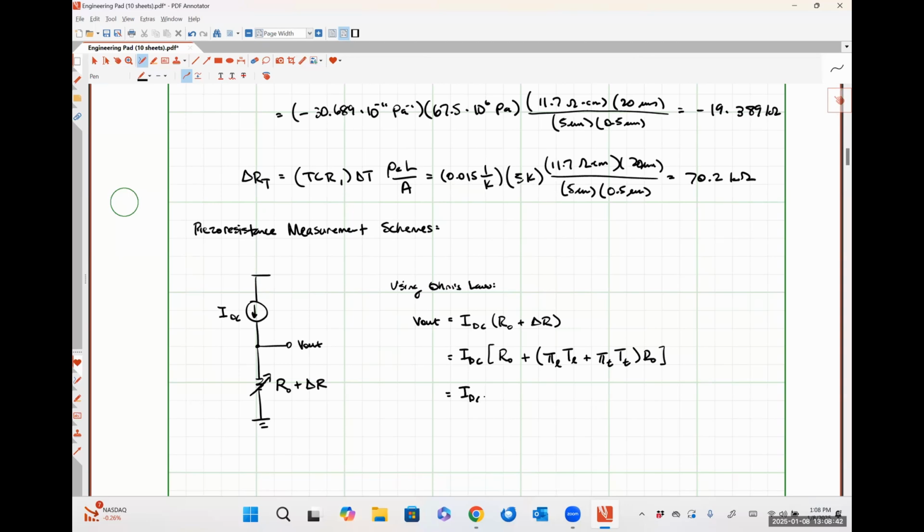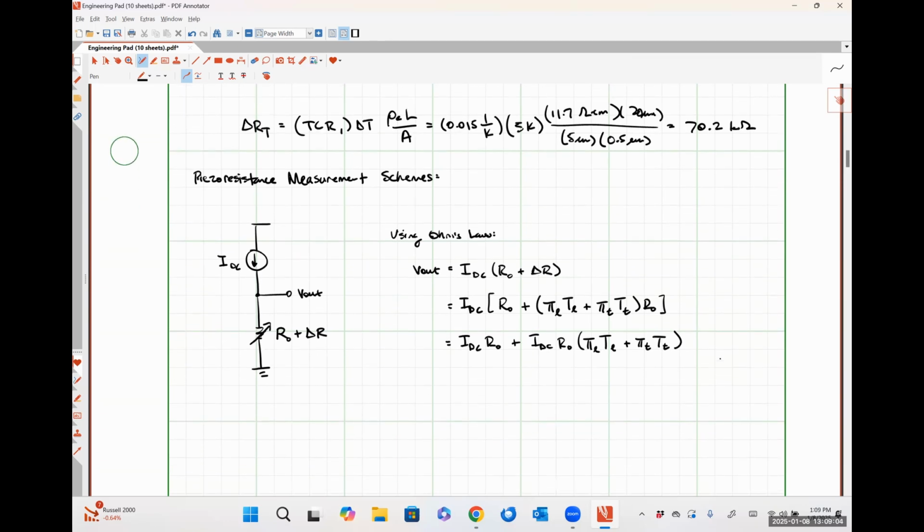So we would have I DC R naught plus I DC R naught times pi L sigma L plus pi T sigma T, like so. So we have essentially a DC portion of our signal.